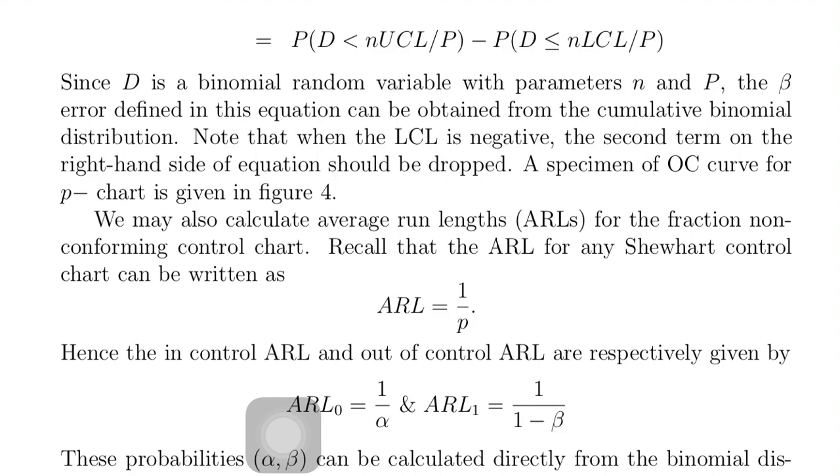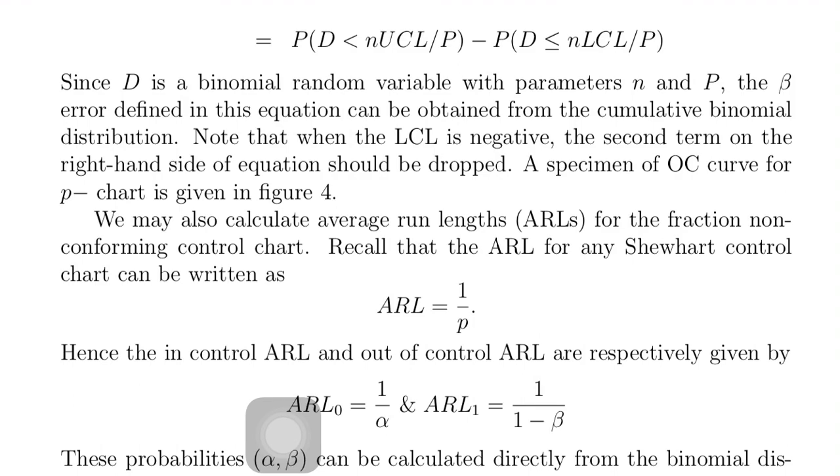Okay, and we have already proved that for any Shewhart's control chart, the average run length can be computed as 1 by P. What is P? P is the probability that the process is going out of control.